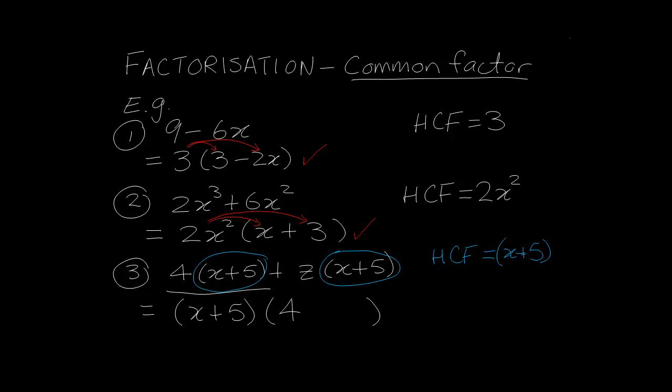And then in that second term here, I need all of x plus 5 to multiply by positive z to give me that second term. So let's just check by expansion. It's like saying x plus 5 all multiplied by 4, yes, that'll give me that first term. And then x plus 5 all multiplied by z, yes, that'll give me that second term.